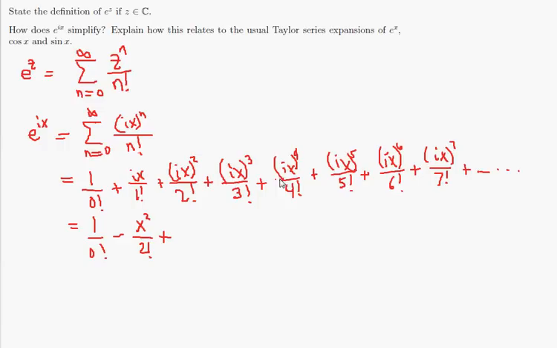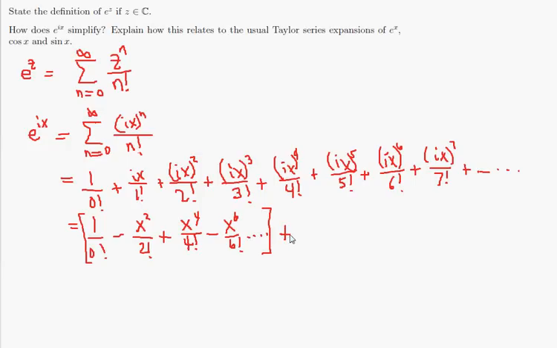The next real term would be the fourth power. i to the fourth is plus 1, so we have x to the fourth over 4 factorial. Then the next even would be minus x to the sixth over 6 factorial, because i to the sixth power is equal to negative 1. And then we continue on like this, alternating between plus and minus. So that's the series with all real terms.